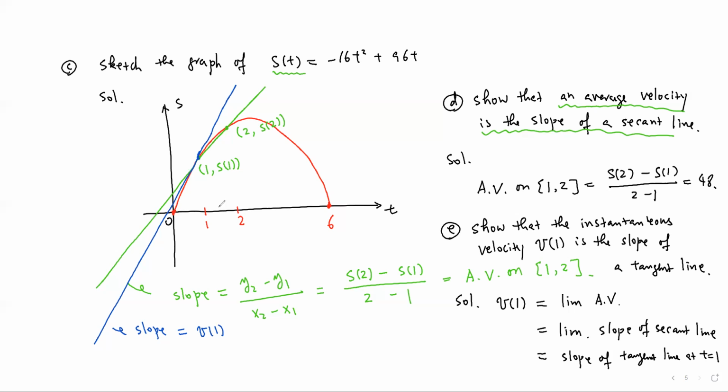When the time interval is decreased, the green line approaches the blue line. Therefore, the slope of the green line approaches the slope of the blue line. In other words, the limit of the slope of the secant line is equal to the slope of the tangent line at 1. Therefore, instantaneous velocity at 1 is the slope of a tangent line, the tangent line at 1.